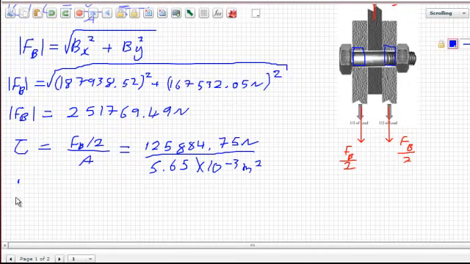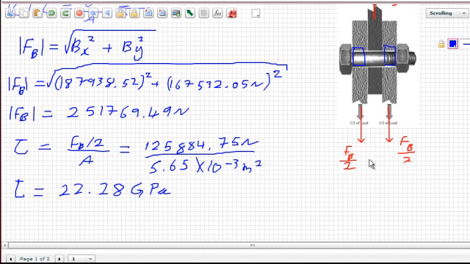And once you divide those two together, you should get 22.28 gigapascals.